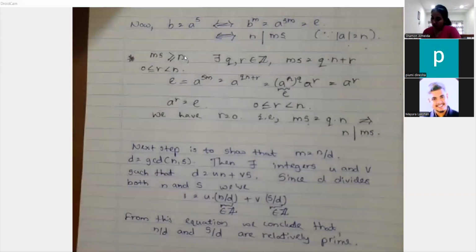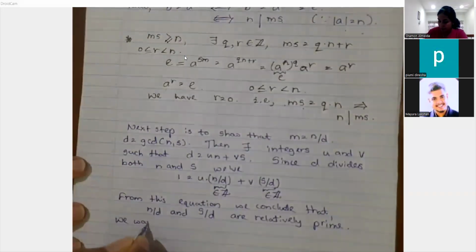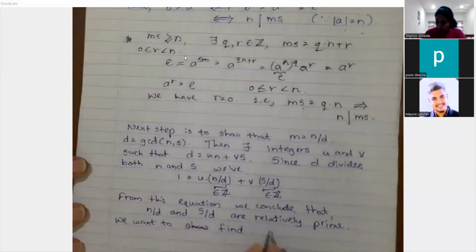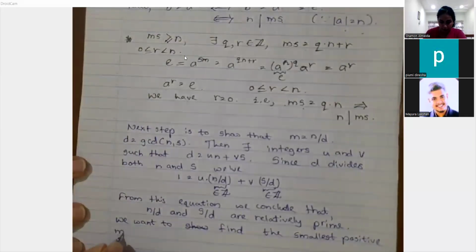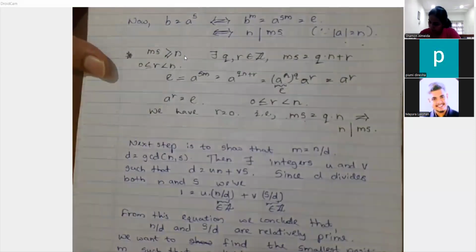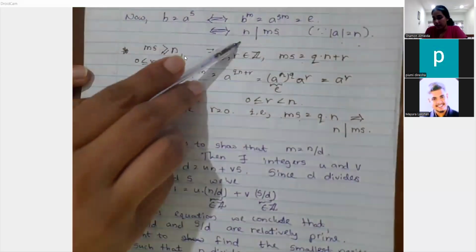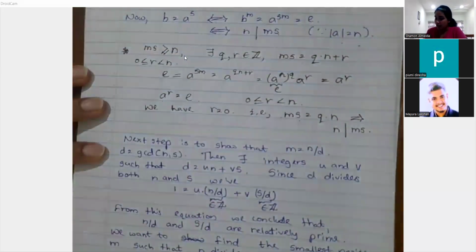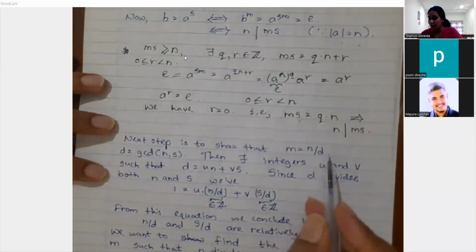Now, in our next step, we want to find the smallest positive m such that n divides ms. From here, we know that n actually divides ms. Now we want to find m and conclude that m equals n over d.